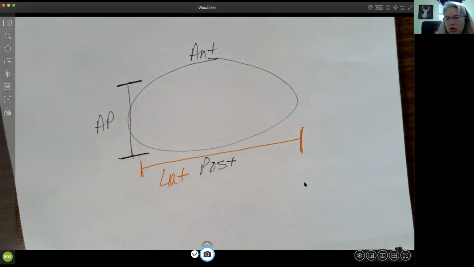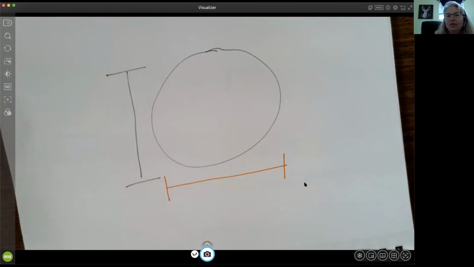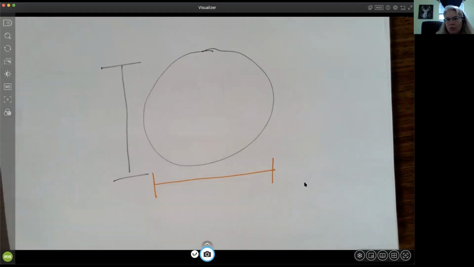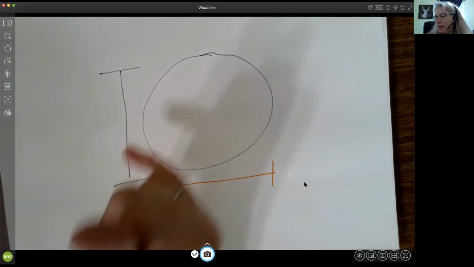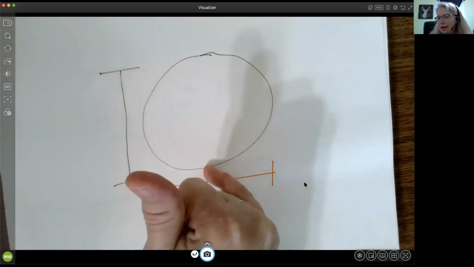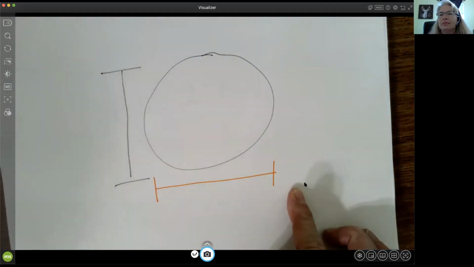Okay, so now let me show you abnormal. This would be someone with COPD who has what we call a barrel chest. And a barrel chest is just what it sounds like. So there you can see that the front to back is actually the same as the side to side.